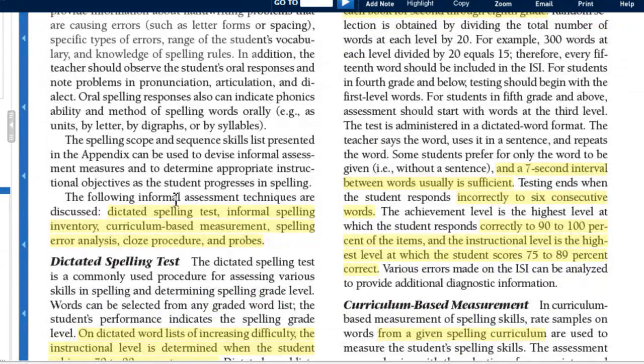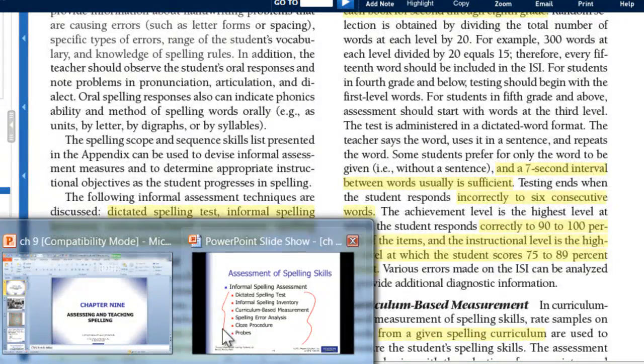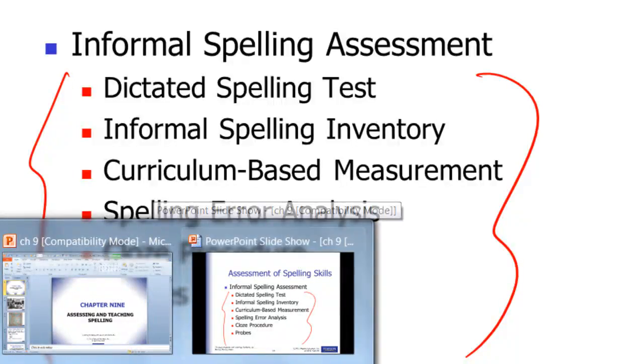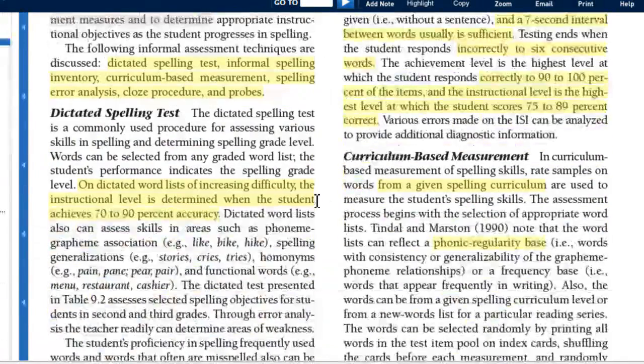Okay, so there's these informal tests, a dictated spelling test, as we just had in the notes here. All right, so let's look at first the dictated spelling test, and this is the kind of information you want to bring in. Dictated word list of increasing difficulty, instructional level to determine when the student achieved 70 to 90% accuracy.